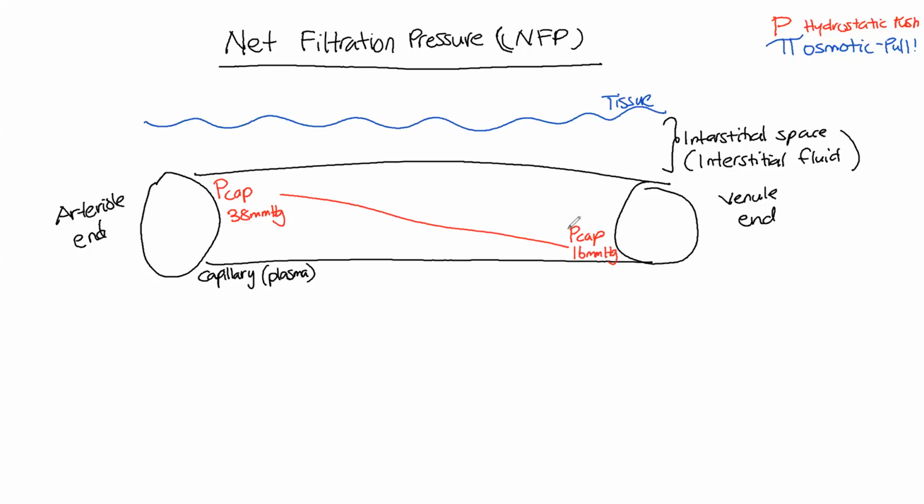And this is the only pressure that changes across the capillary. The interstitial fluid hydrostatic pressure is going to be 1 millimeter of mercury. We said it was pretty small.